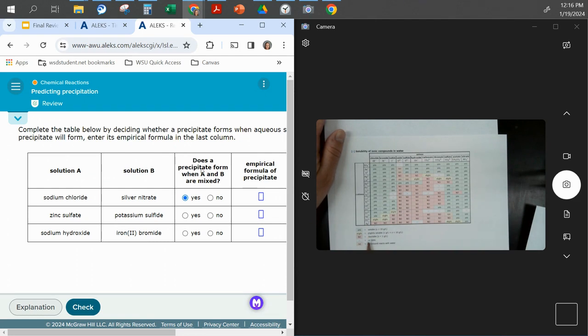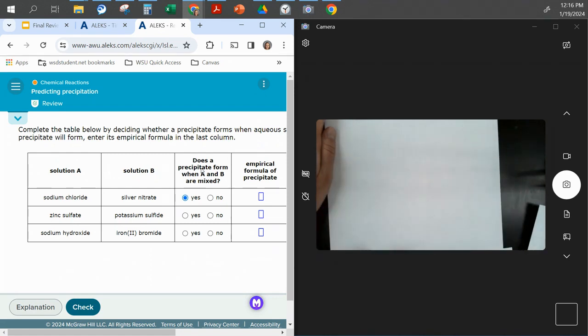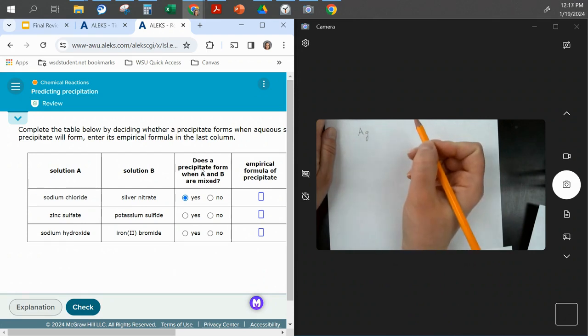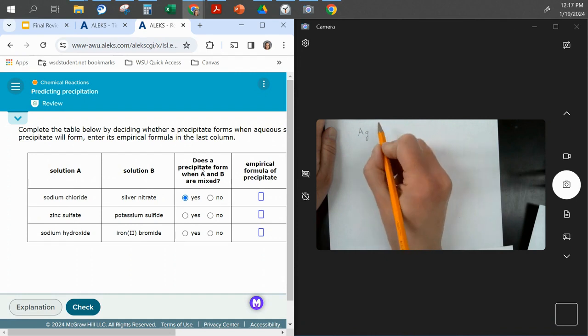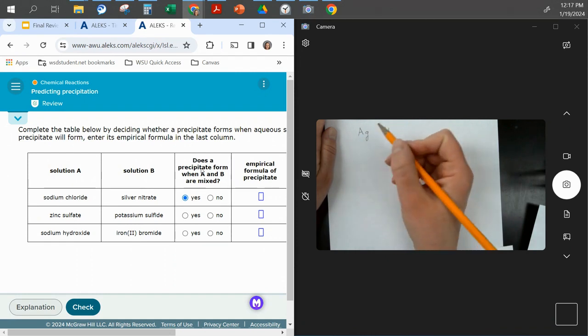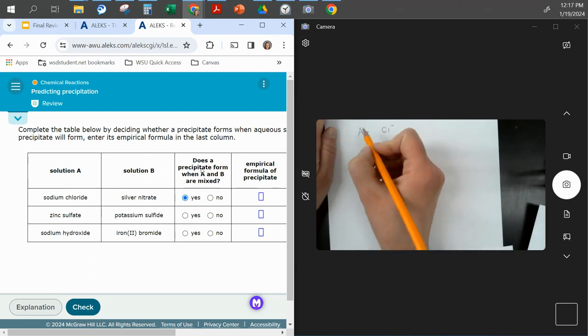Then we have to figure out the name or the formula of it. So we just decided that silver chloride, the formula or the chemical symbol for silver is Ag. Chlorine is Cl. We need to know how many silvers for how many chlorines. Well, we need to know the charges to do that. We just talked about chlorine is -1.